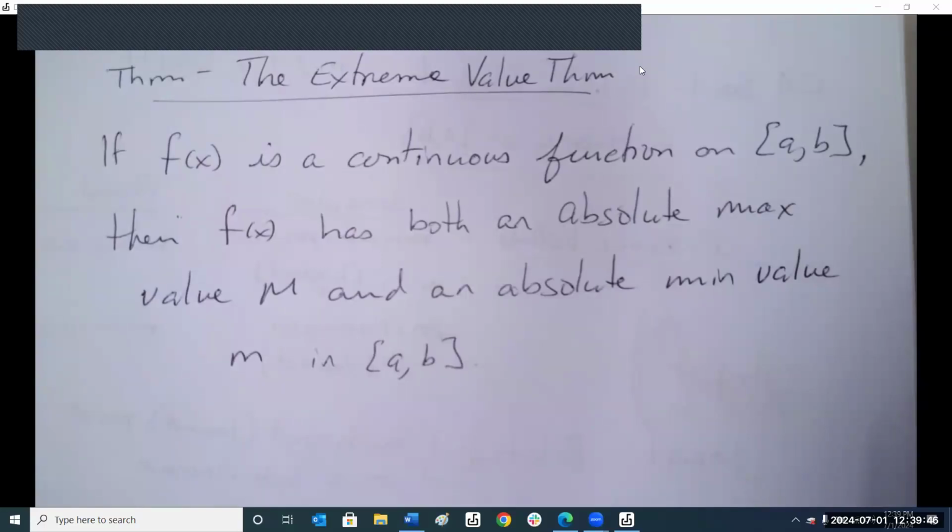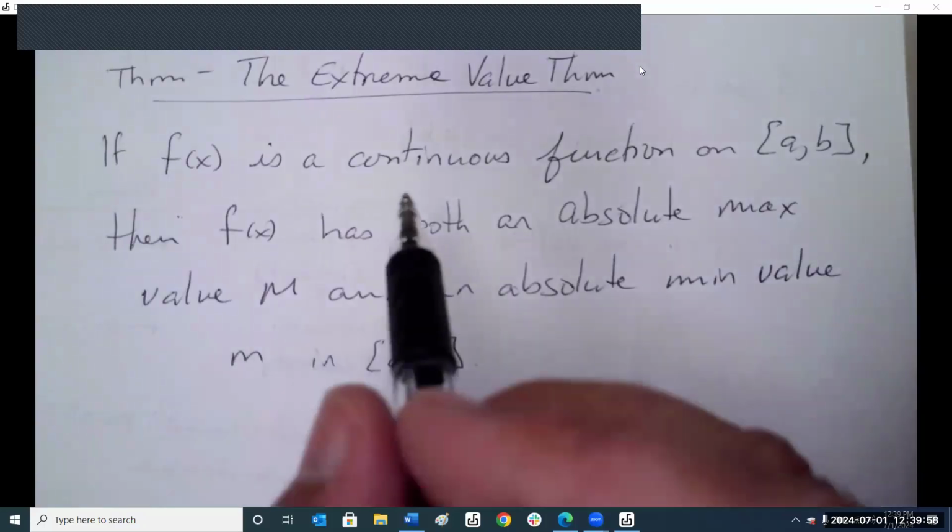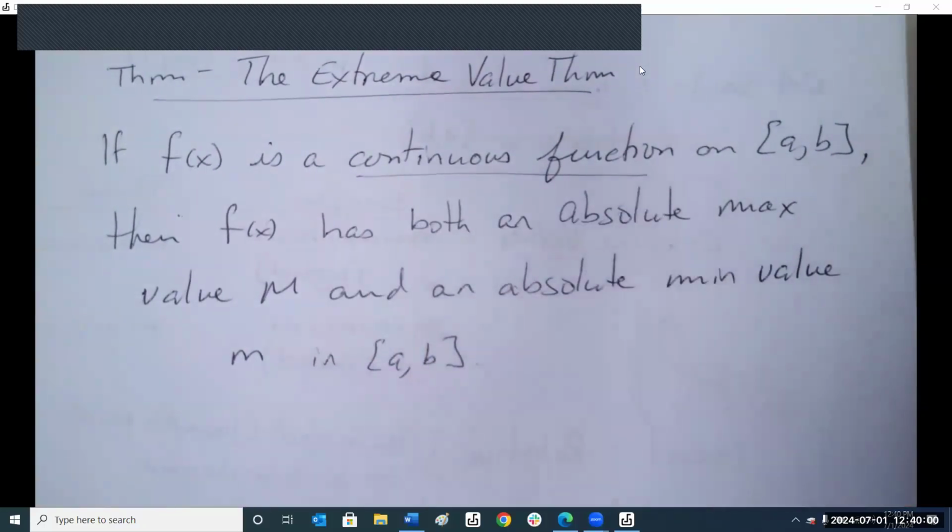Why? This is where all the definitions start coming into play. What does continuous function mean? There are no discontinuities, no jumps, no breaks, no holes.